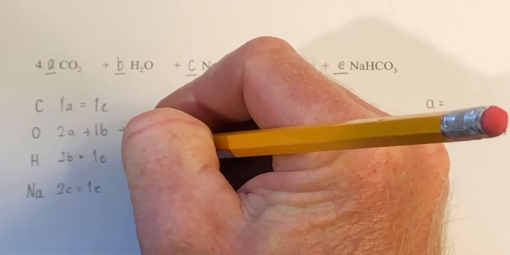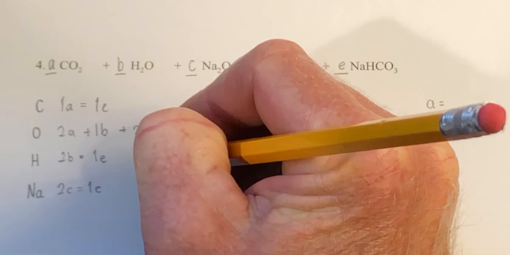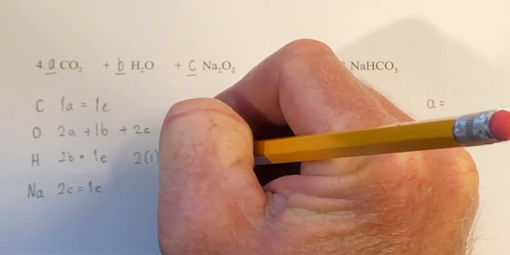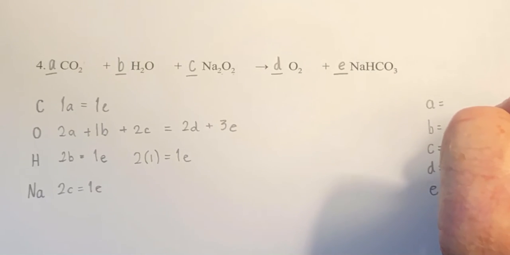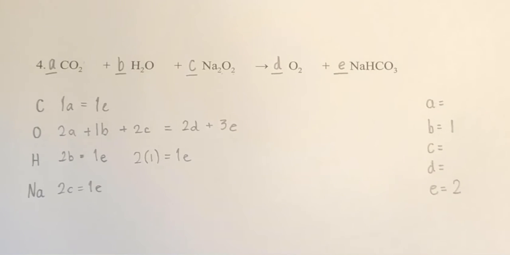That equation says 2b, which now is a 1, is equal to 1e, and if we solve for e, we find that e has to equal a 2. So this has established that if b is a 1, e will be a 2.